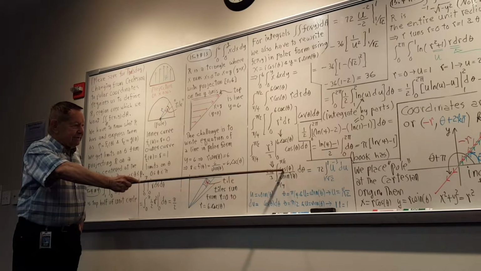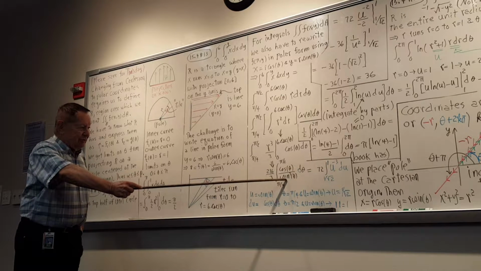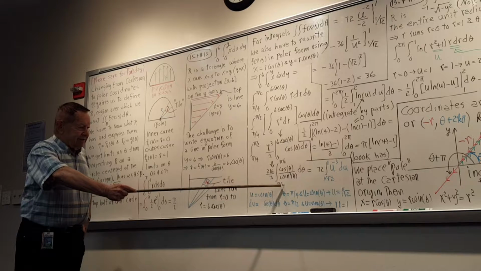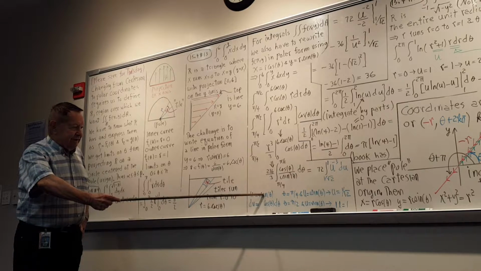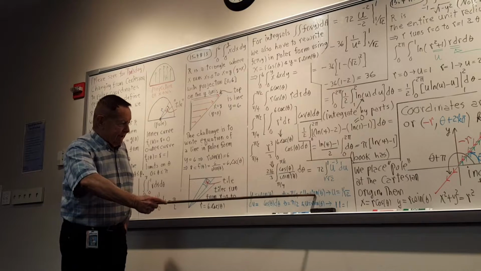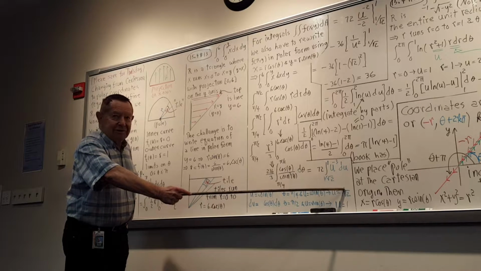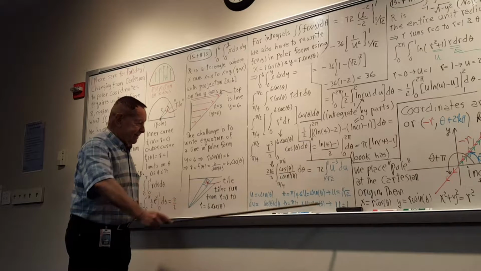So now I have du on top and u cubed on the bottom. And so then I have to change my limits on theta into limits on u. So u is sine theta, theta is pi over 4, and u is sine theta says u is root 2 over 2, or 1 over root 2, whatever you like.